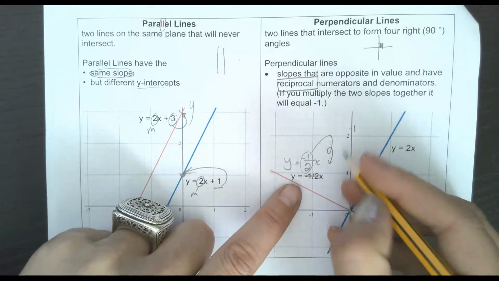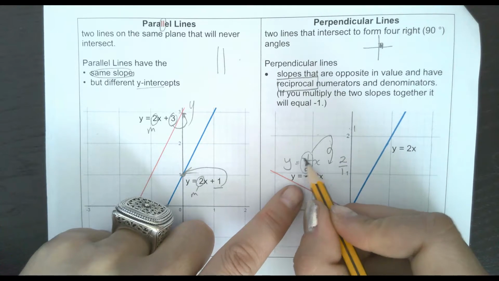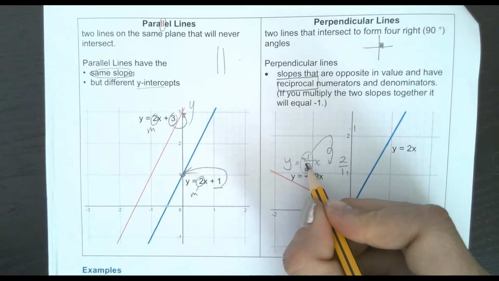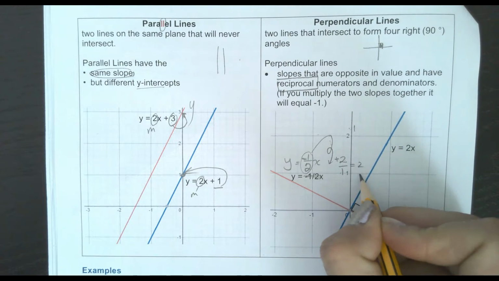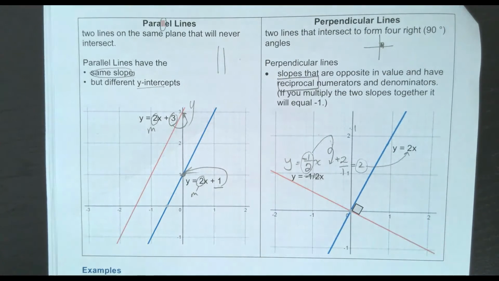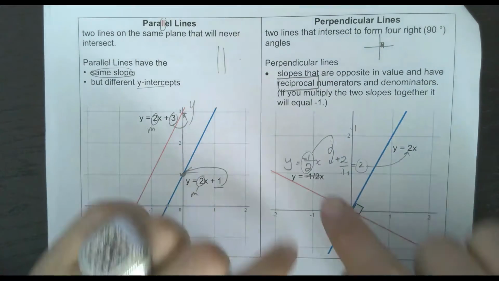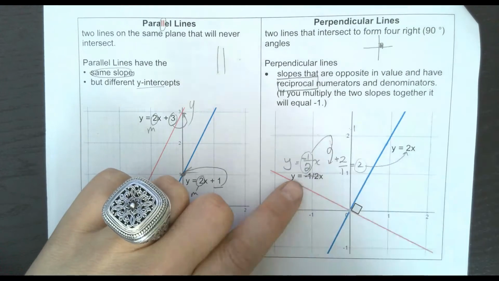If I flip it upside down to have 2 over 1, and then I change the sign to the opposite, so this was negative, it becomes plus. 2 over 1 is the same as 2. That's the slope of the other one. Okay? So the slopes are always opposite signs plus reciprocal.